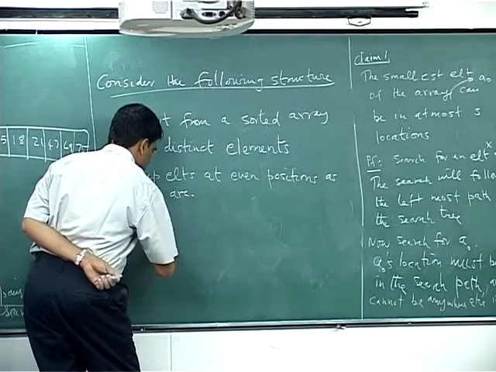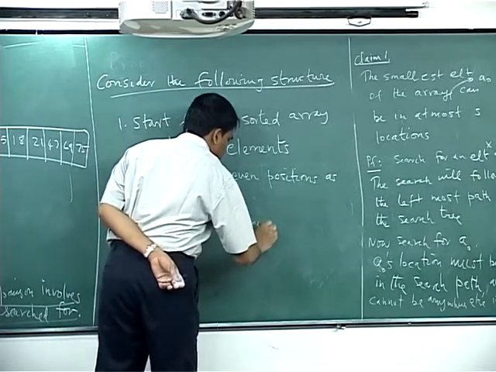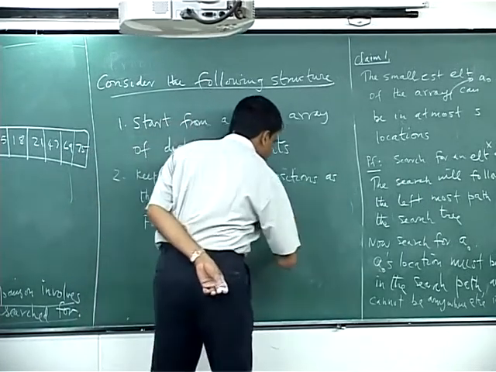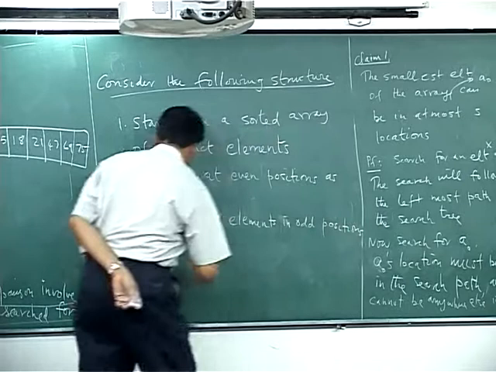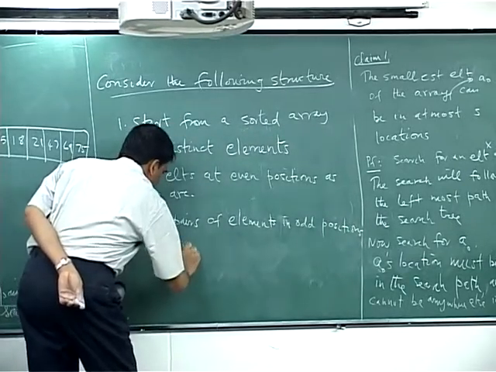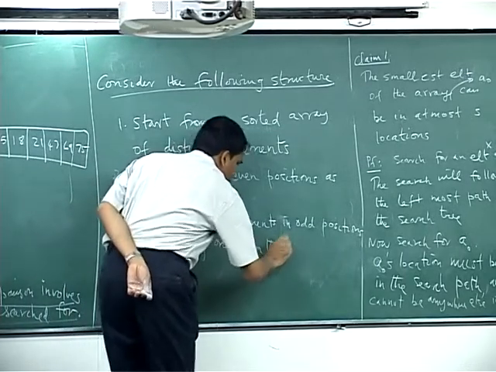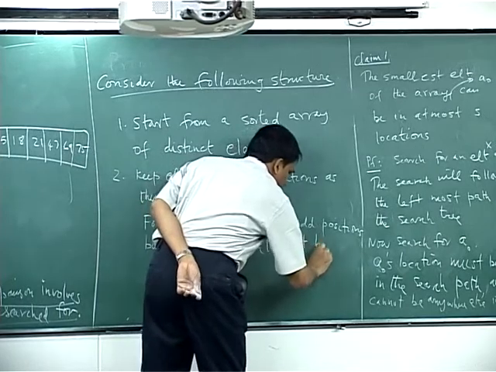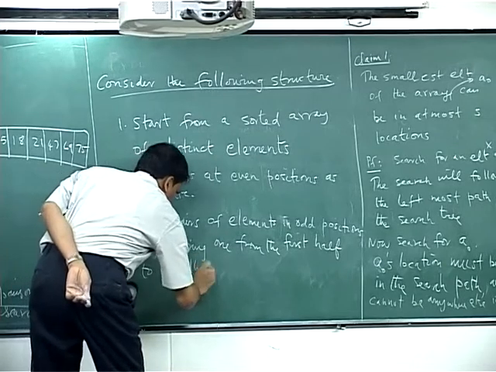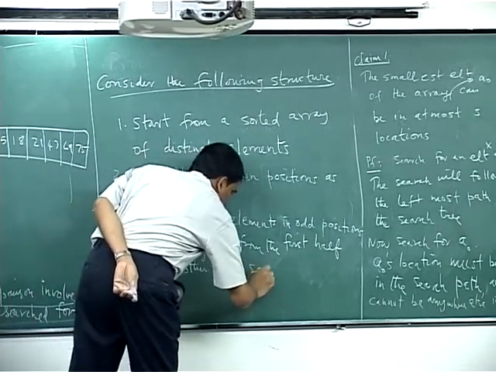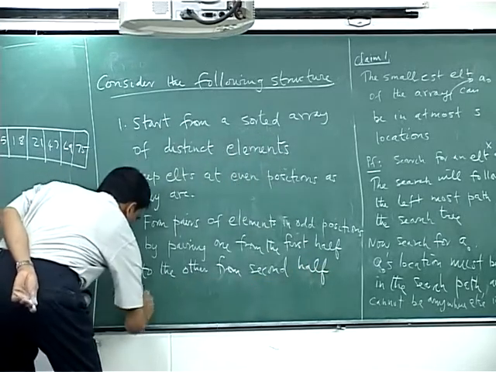Form pairs of elements in odd positions, by pairing one from the first half with one from the second half. And swap the pairs.